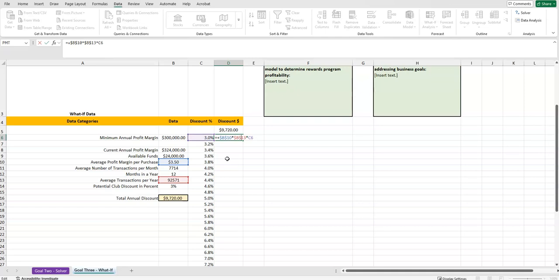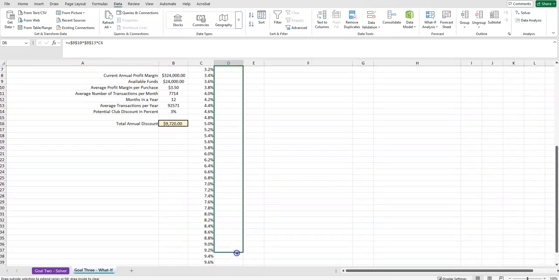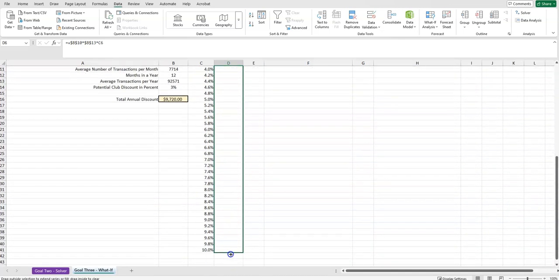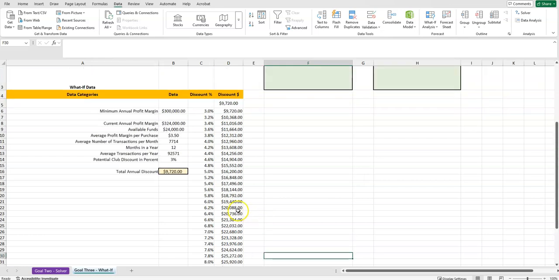You only want C6 to change as you drag it down, so you get the same number here, 97.20, and when you drag it down, copying that formula all the way to the bottom down to 10%, you'll see how much discount he's actually giving up.